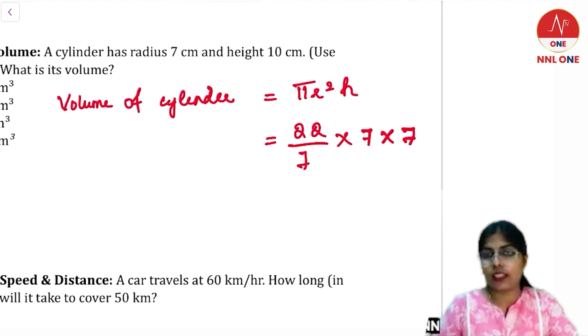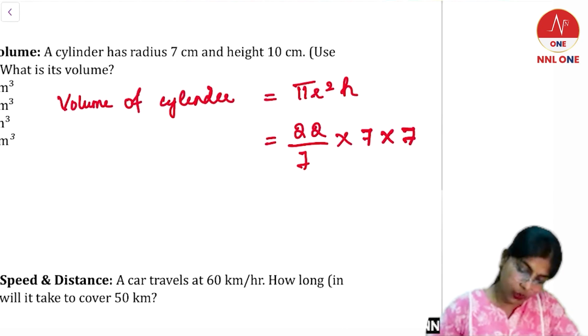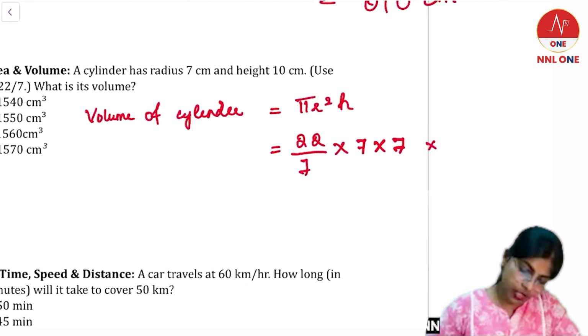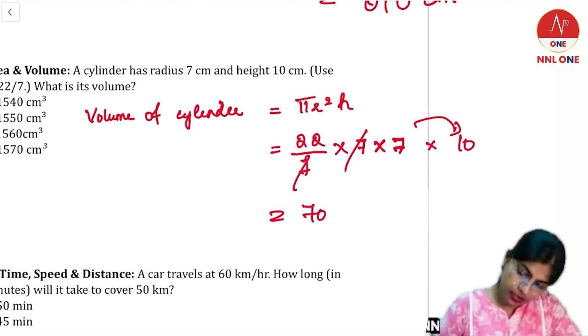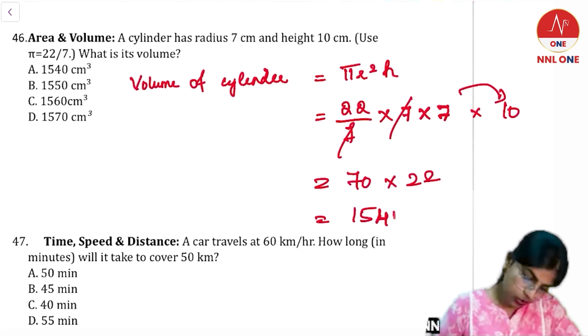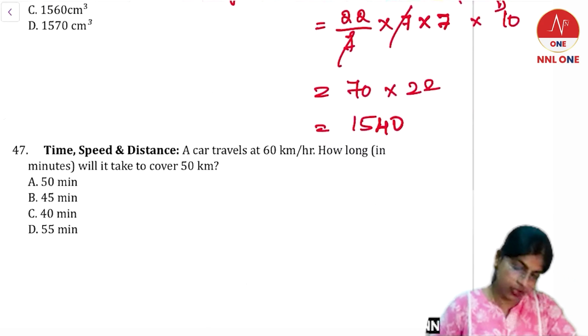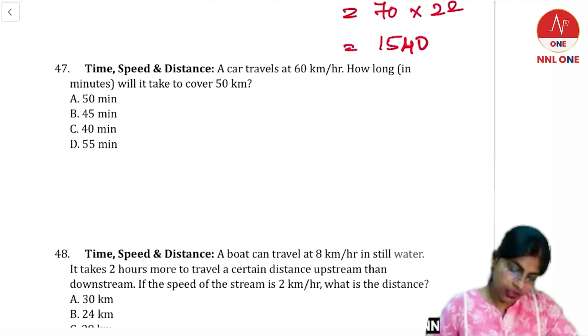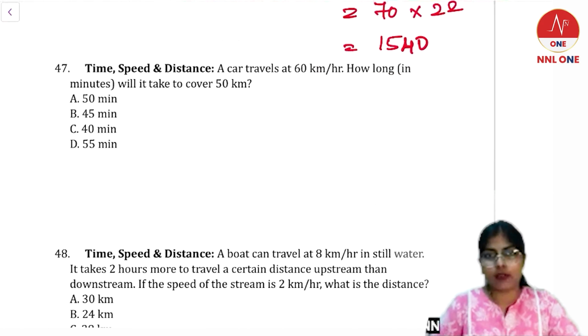In order to make the simplification simple, you need not evaluate at the beginning itself. Finally, you can evaluate. Height is 10. So I'm cancelling 7 and 7. 7 into 10 it is 70. 70 into 22 it is going to be 1540. Option A.